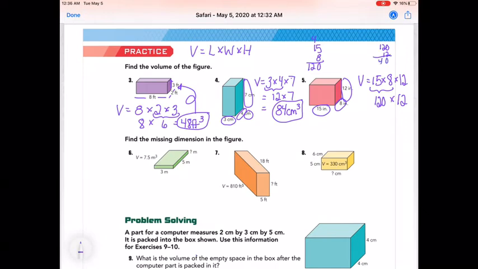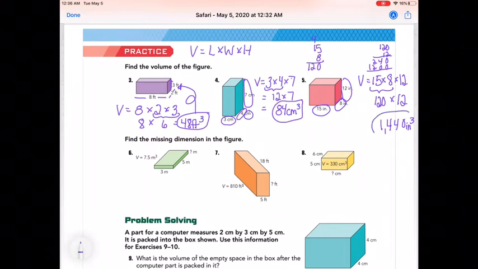Okay, 0, 4, 2 equals, oh, I got crunched there, is going to equal 1,440 inches cubed is going to be the volume for number 5.